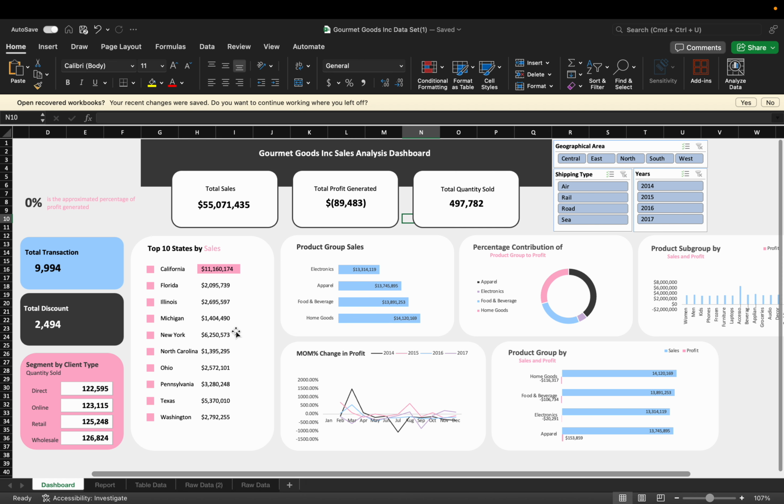Looking at the product group sales, we have electronics, apparel, food and beverage, and home goods. Right now, home goods has the highest sale amount, over $40 million, and the least is electronics, which is over $30 million.